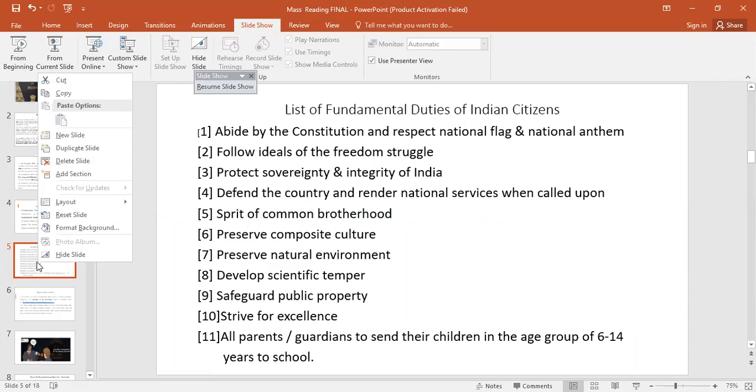Spirit of common brotherhood. Preserve composite culture. Preserve natural environment. Develop scientific temper. Safeguard public property. Strive for excellence. And all parents and guardians to send their children in the age group of 6 to 14 years to school.